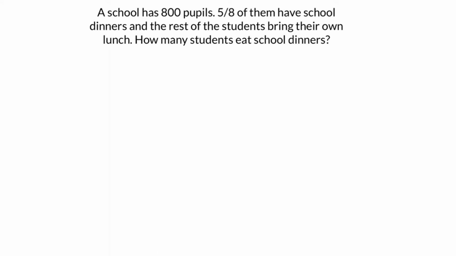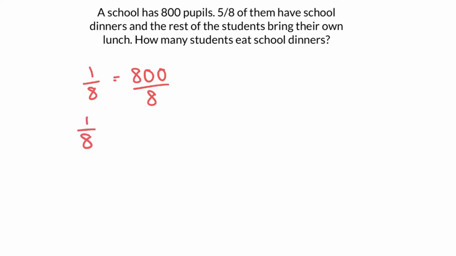So we need to work out 5/8 of 800 pupils. So the 800 is the whole number. We need to work out a portion of it. So if we start by working out how many students represent 1/8 of the school, then times it by 5 to find 5/8. So 1/8 is equal to 800 divided by 8.